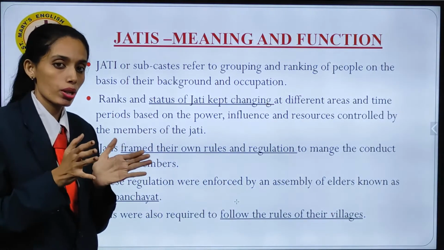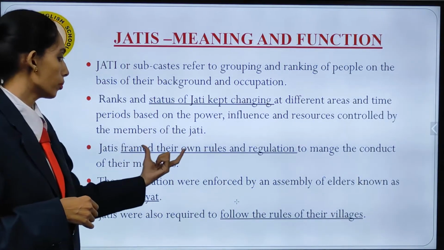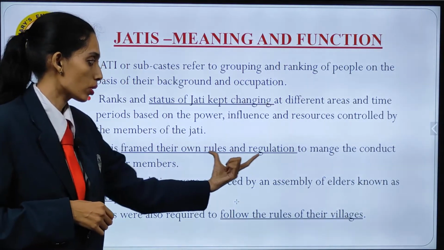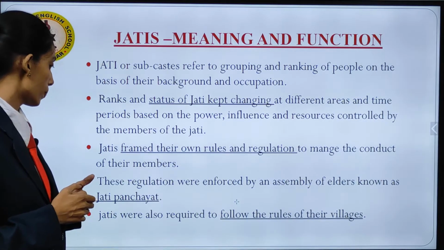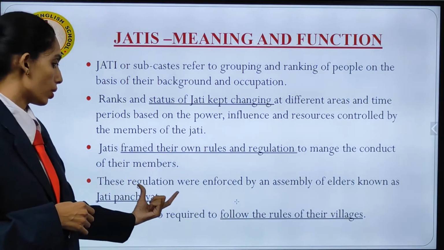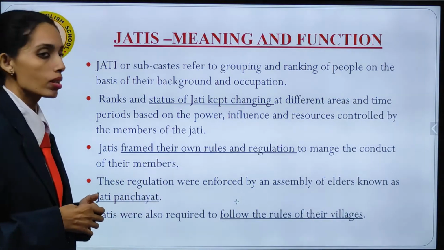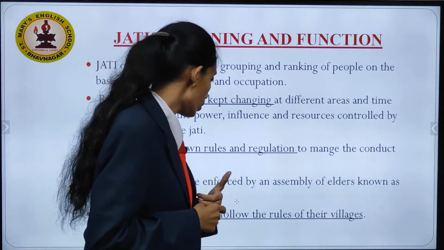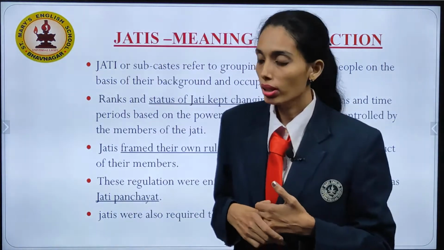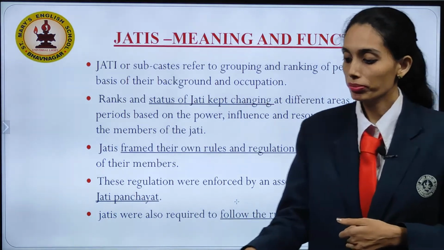Some rules and regulations were kept which they had to follow. Jatis framed their own rules and regulations to manage the conduct of their members. These regulations were enforced by an assembly of elders known as the Jati Panchayat. Jatis were also required to follow the rules of their villages.